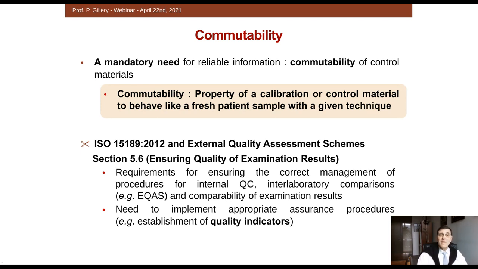Commutability of control materials is a mandatory need for reliable information. A simple definition of commutability could be the property of a calibration or control material to behave like a fresh patient sample with a given technique.